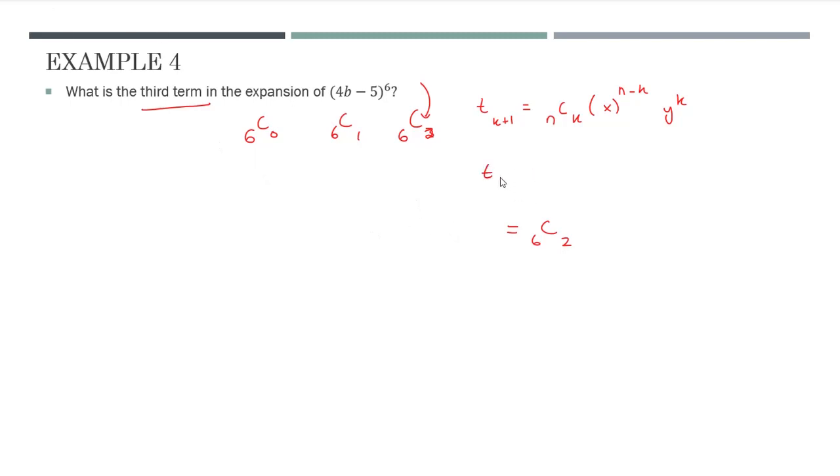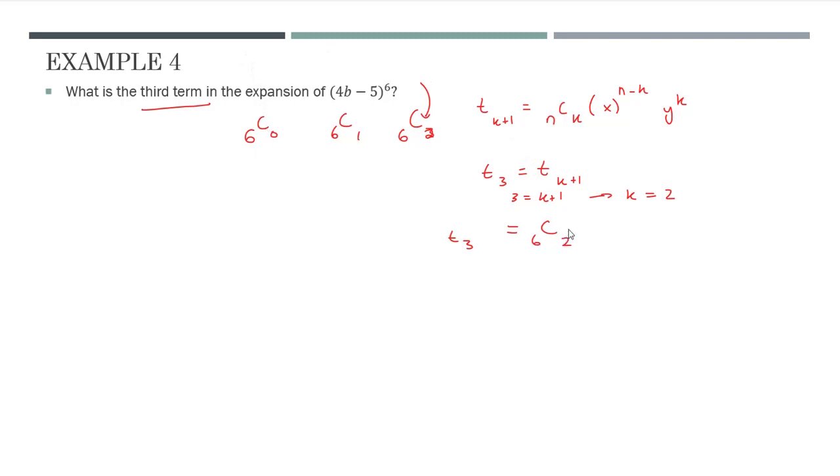We want term 3, and that's equal to T sub k+1. Well, that means 3 is equal to k+1, which means that k is actually equal to 2, which is what we put there. It's a little bit confusing because this k value is always 1 less than the term we actually want. We want term 3, so the k value is 1 less, and it's 1 less because with the combinations, we start at 0, not 1.